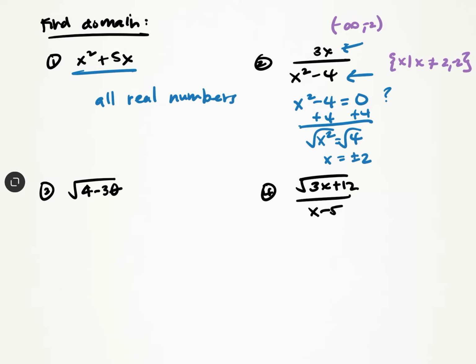That means it doesn't include the point negative 2, which is important, because if we did include it, that means we'd be able to plug in a negative 2, and that's not correct. And then union, negative 2 again, all the way till we hit the positive 2, and then union, positive 2 to infinity.